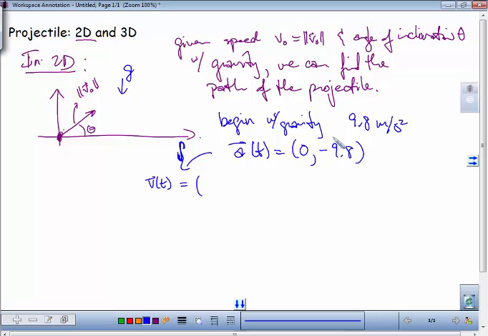And we can go ahead and integrate this with respect to t. The 0, a constant with respect to t, the antiderivative of 0 with respect to t is going to be a constant. So we can call it C1. And then we get negative 9.8 t plus another constant C2.